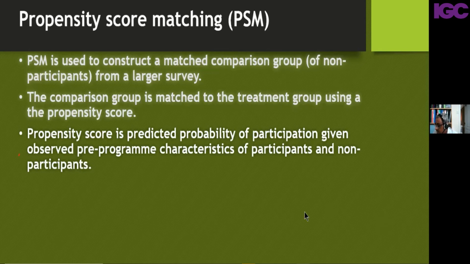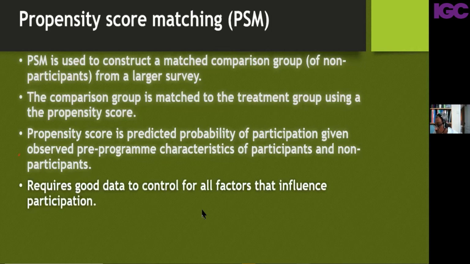So the propensity score is the predicted probability of participation given the observed pre-program characteristics of participants and non-participants. So a propensity score is simply the prediction of the probability of how much an individual is likely to participate in the program.